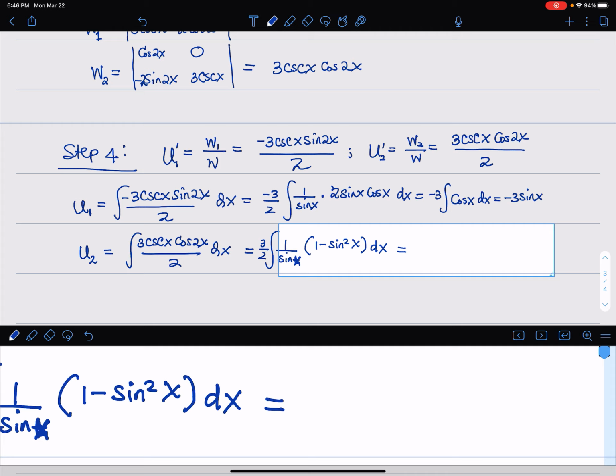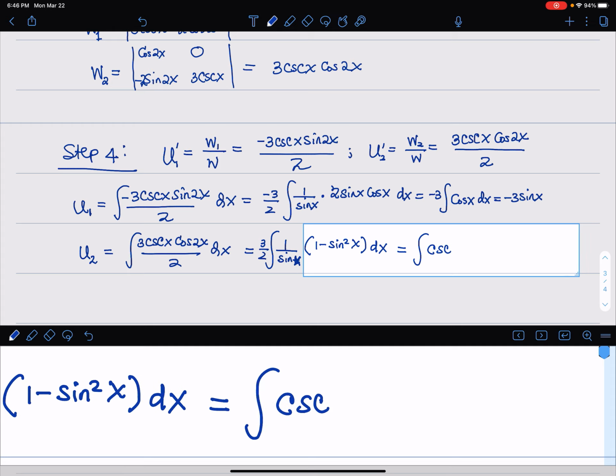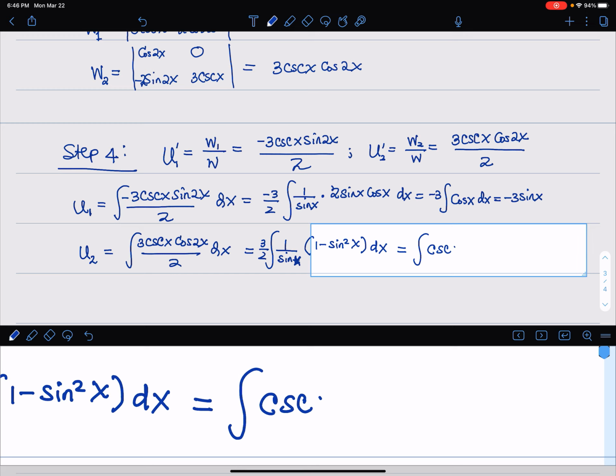So this is the integral of cosecant of x minus 2 sine of x, and I have 3/2 out front.